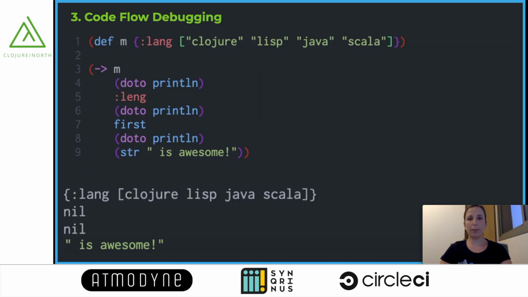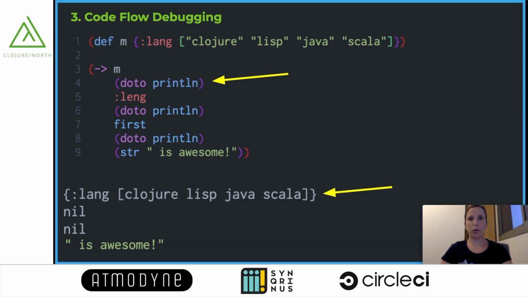So back to the example, let's add some prints to this threading macro. And now we will use the doto function that basically takes an argument, executes the function inside with the argument, and returns the same argument as a result. So it's good to use it here because it won't affect the threading macro flow and the data that each step is getting.